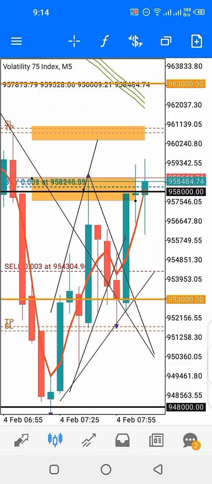Current candle is giving us a clue with a long wick showing the buyers' strength. We have less than a minute for the current 5-minute candle to close. If it closes as it is currently, then we can see the next candle going up.